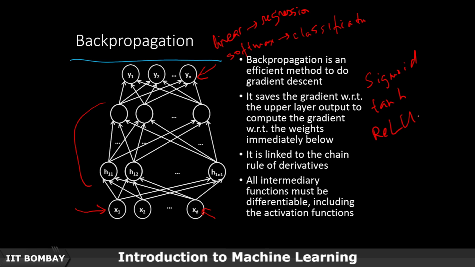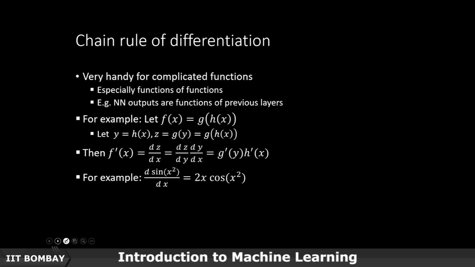So now let's look at how this backpropagation algorithm works. Basically this backpropagation algorithm is based on the chain rule of differentiation. If you have functions nested inside functions, then it is handy to use the chain rule of differentiation. For example, the layers of a neural network are functions of a function.